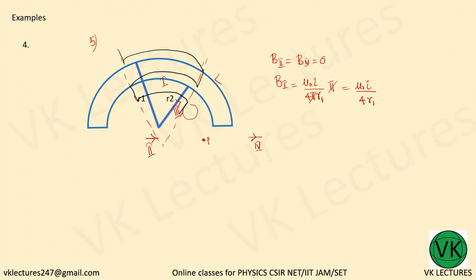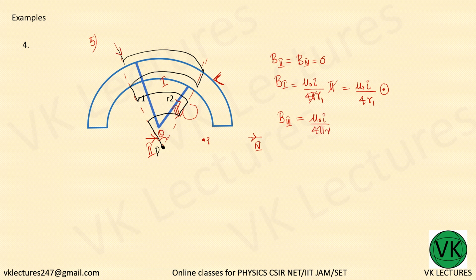Okay, what is the direction? This is in this direction, so this is anti-clockwise compared to this point P. As it is anti-clockwise, it is out of the plane. Okay, and considering the third portion, the small semicircle, here also mu 0 I divided by 4 pi r.